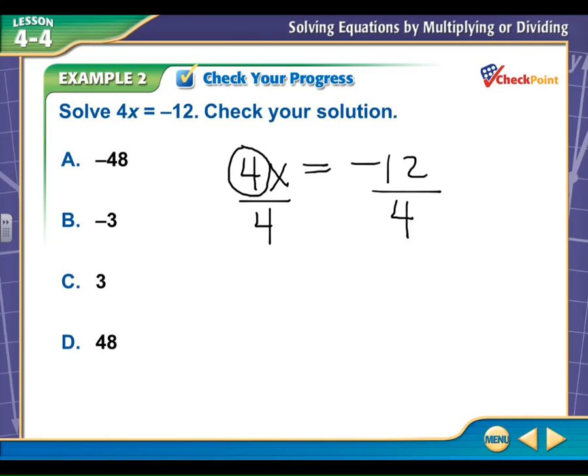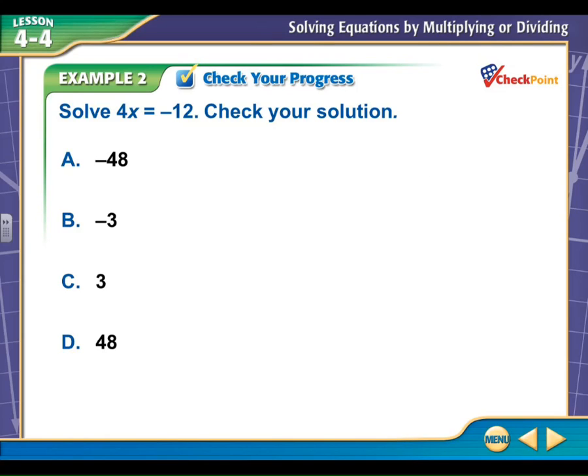If it were a negative 4, we would divide by a negative 4. 4 divided by 4 is 1, so that gives me 1x. Negative 12 divided by positive 4 is a negative 3. So, integers are important, so we need to make sure that we're remembering our integer rules.